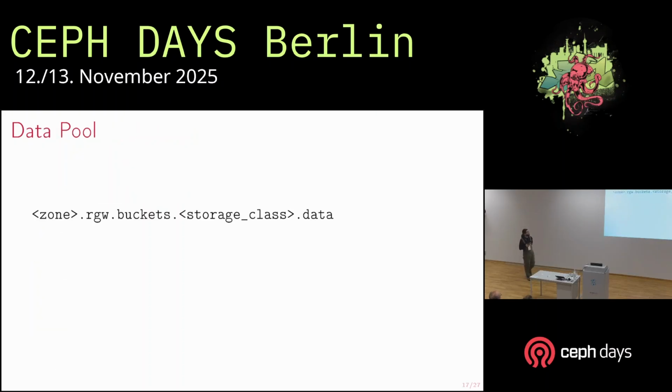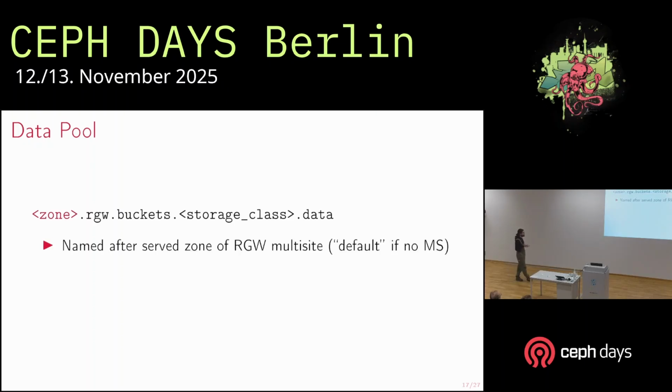Okay, finally, data pool. So now we know that the bucket contains certain objects. Now we need to find out where they are stored or how they are stored. So here we've got multiple pools, depending on the number of storage classes you have.